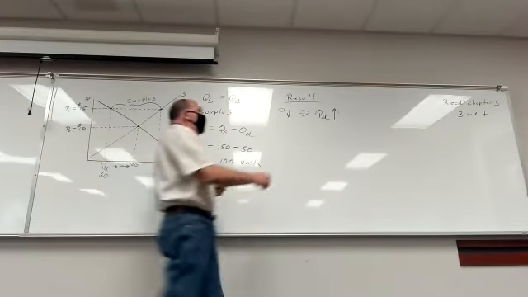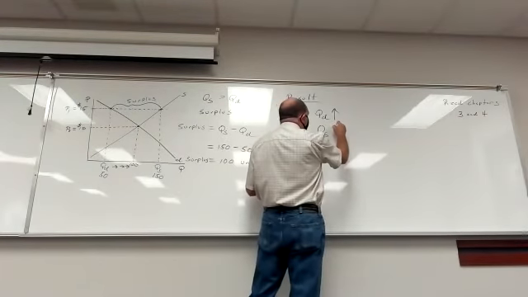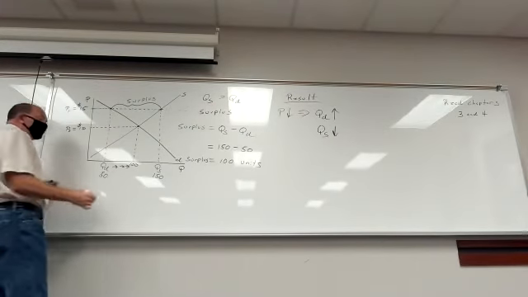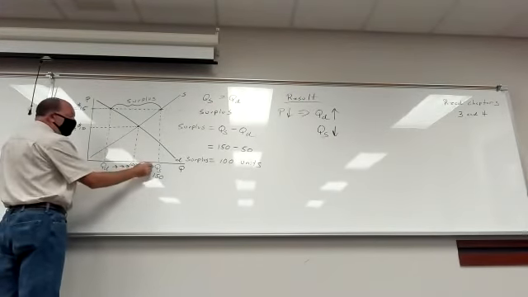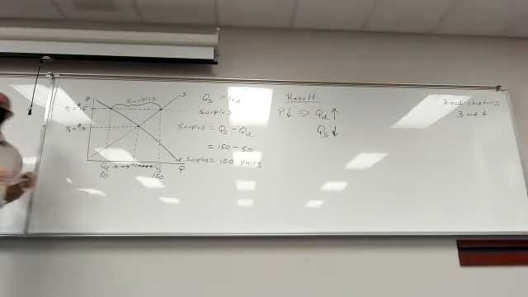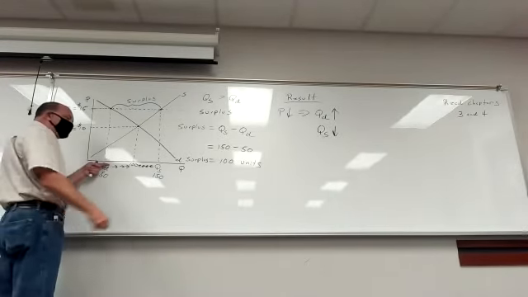As price goes down, what happens to quantity supplied? It reduces as well, because we know there's that positive relationship. So as price goes down, quantity supplied is going to start moving itself back toward equilibrium. And so the price is going to continue to fall. Quantity demanded will continue to rise.